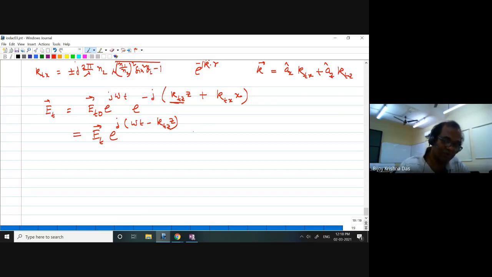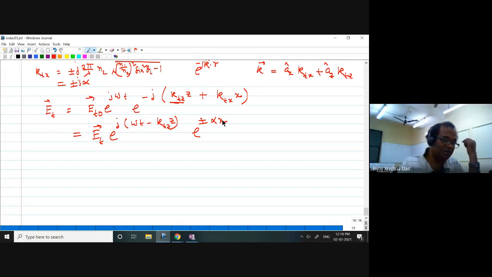But you will see x dependencies like this expression. Because KTX is plus minus, let us consider that this is actually plus minus j alpha, where alpha is a positive number, for example. Then we can write plus minus alpha x.